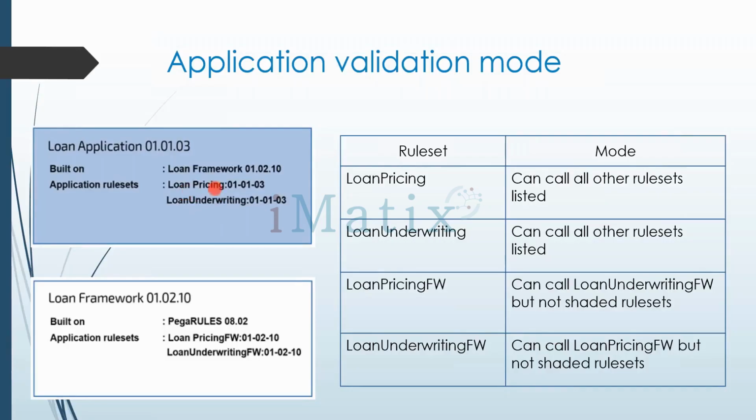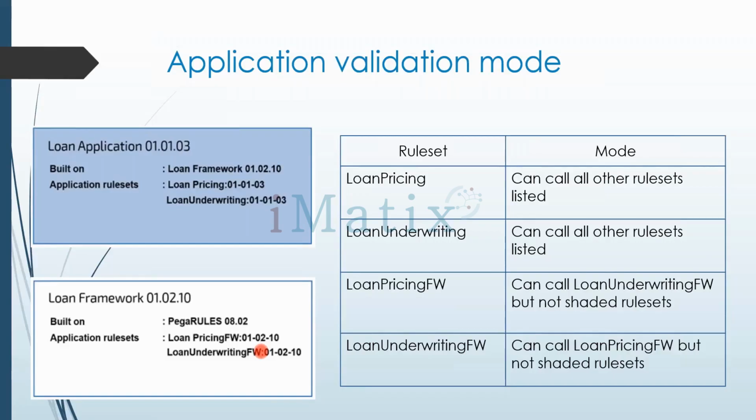You cannot access rules from pricing or underwriting, but you can access them from loan underwriting FW, again because same application. Then what about loan underwriting FW? What all can it access? It can access loan pricing FW, but it cannot access the loan application.